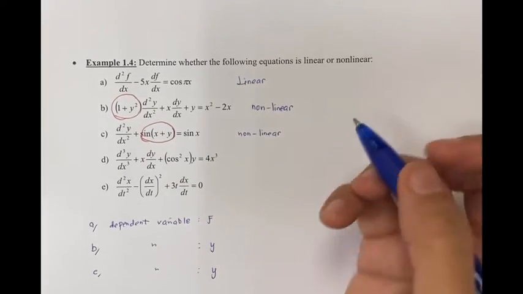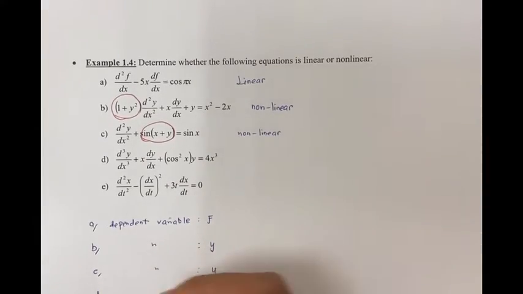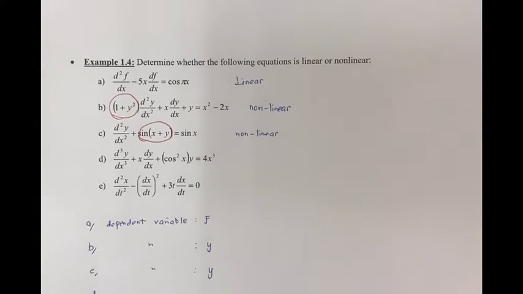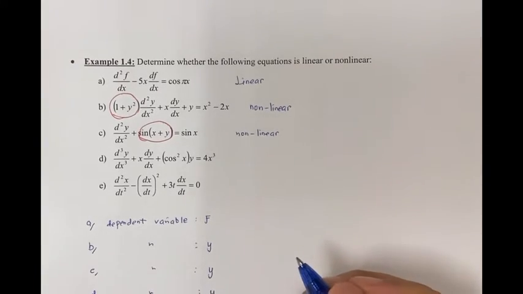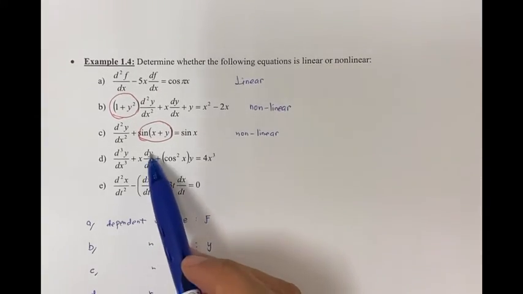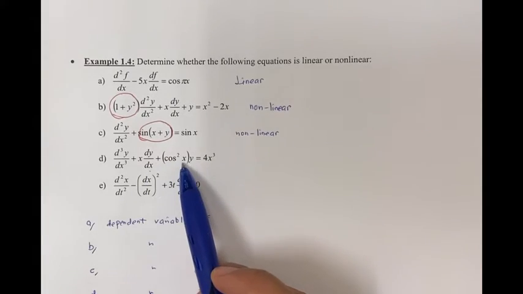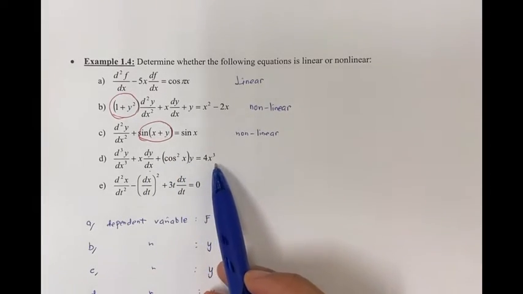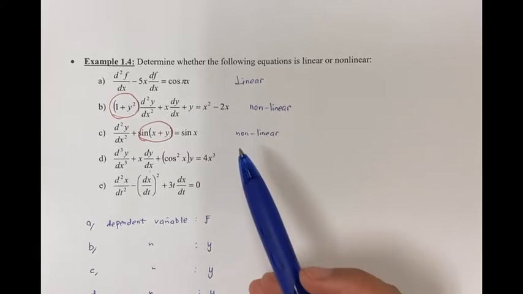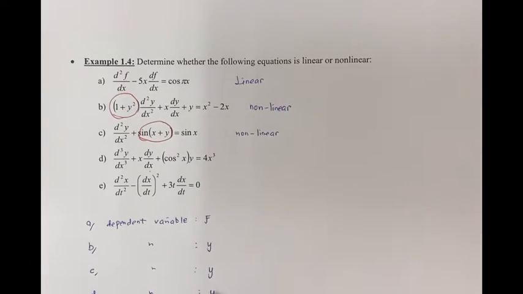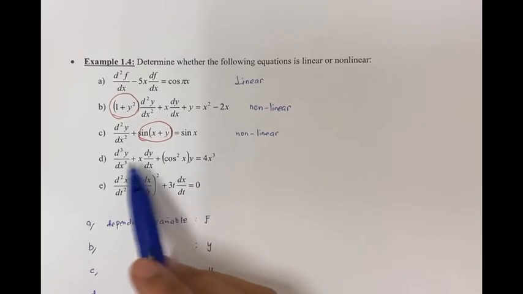For D, we have del cube y over del x cube. Again, your dependent variable is y. Plus x dy over dx plus cos square x times y equal to 4x cube. First condition: is the dependent variable y multiplied by a derivative? There is no such thing.